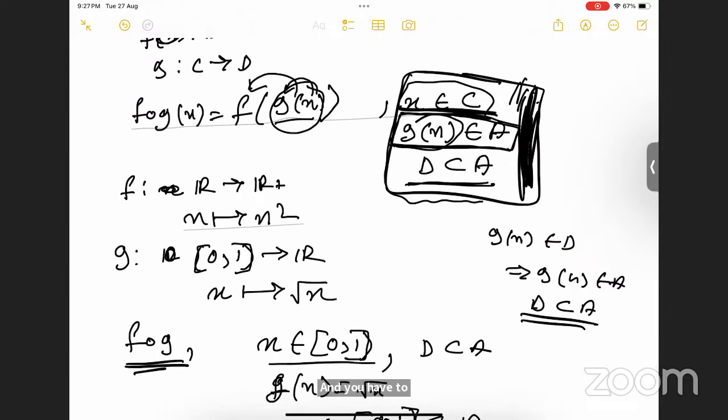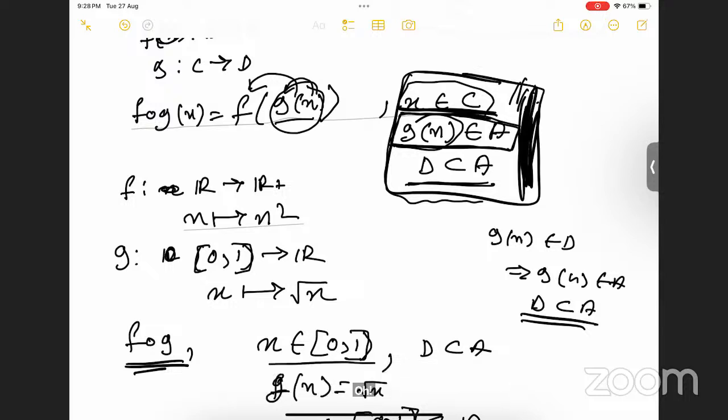Using this formula, you can compute the function, and then you will get the domain. Ma'am, can you solve one example for the composite function?